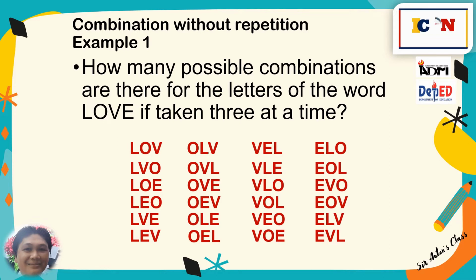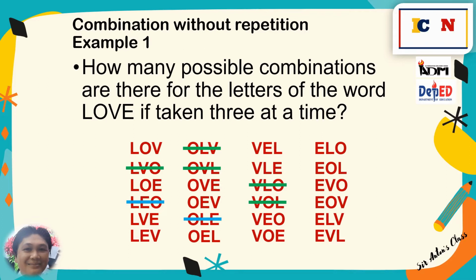So, how does combination work? Say for example, we have LOV. It's just the same with LVO, OLV, OVL, VLO, VOL. These arrangements having a green line are the same as LOV. Another, for LOE, we have the blue line.